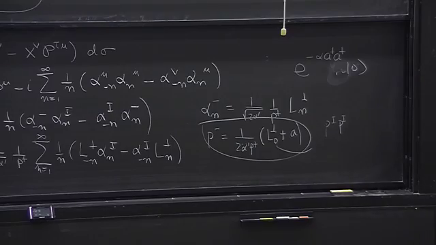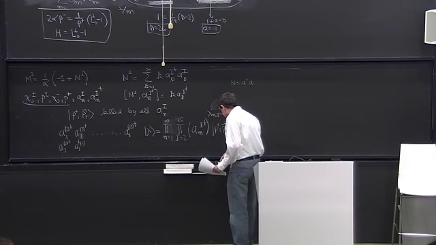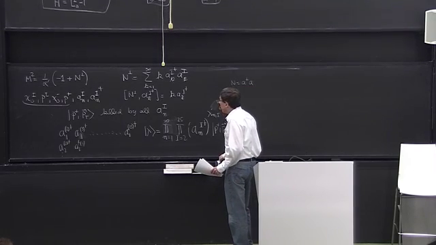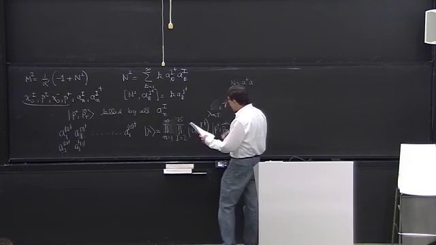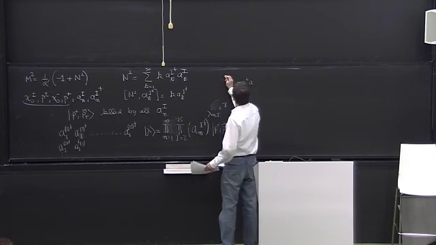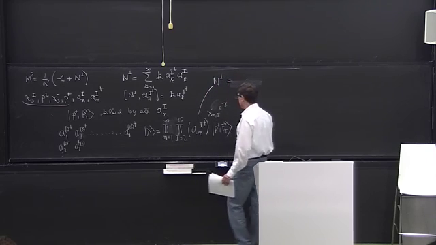So anyway, how much is this thing? The number operator associated to this state, how much is the eigenvalue of the number operator?